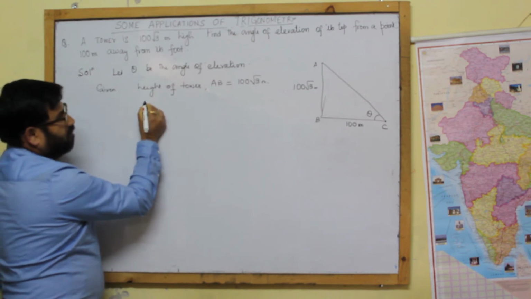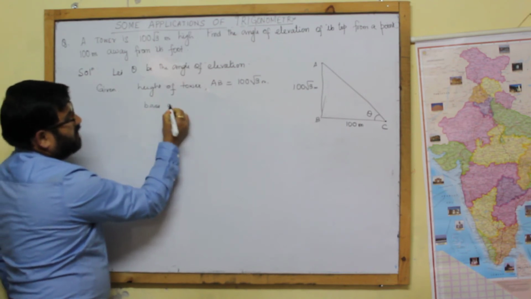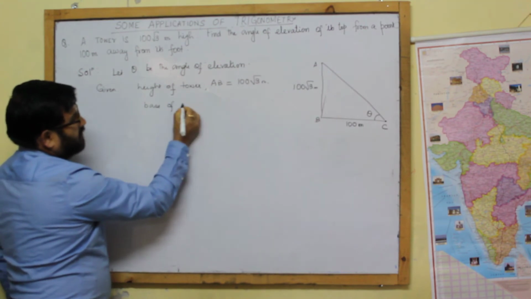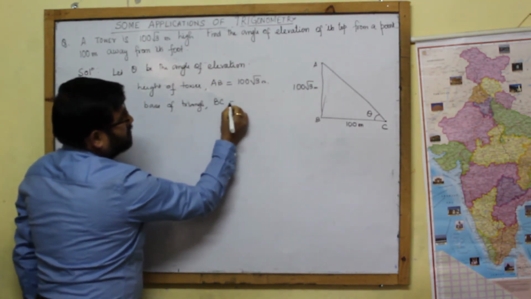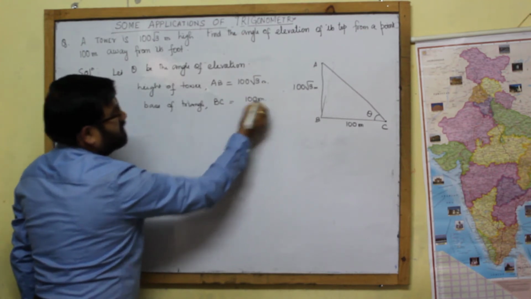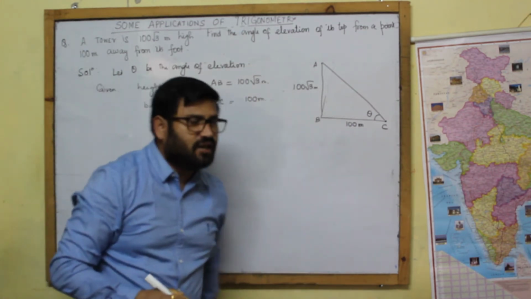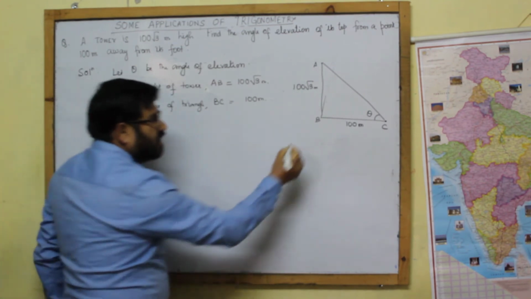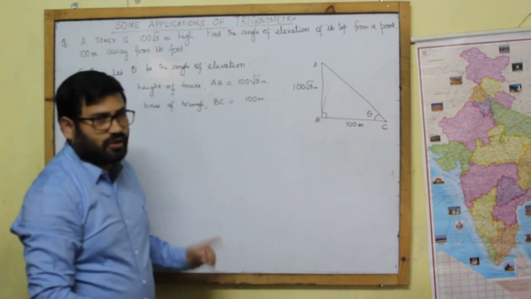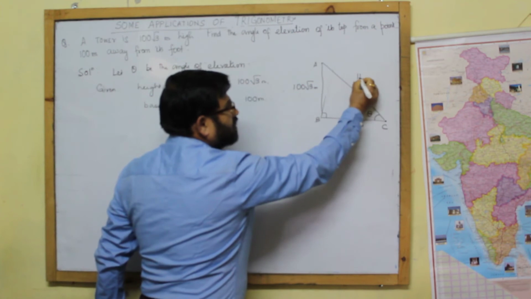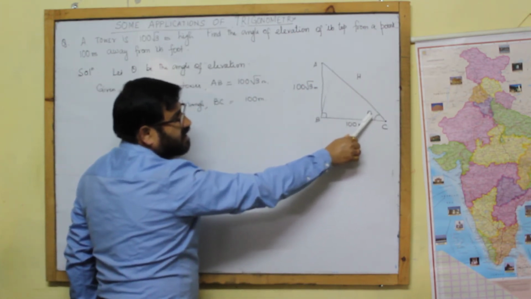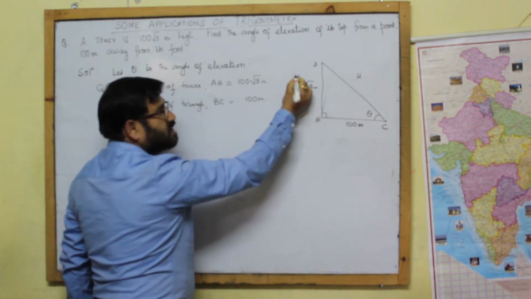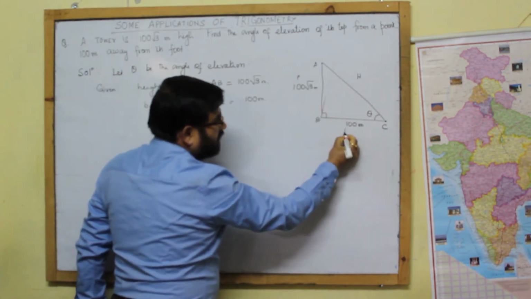The base of the triangle BC is 100 meters, because C is a point which is 100 meters away. Now look at the triangle. There is a 90 degree, so automatically we know the opposite of it is the hypotenuse. The angle is theta, the angle we have to consider. Opposite to it is the perpendicular, and automatically this is the base.